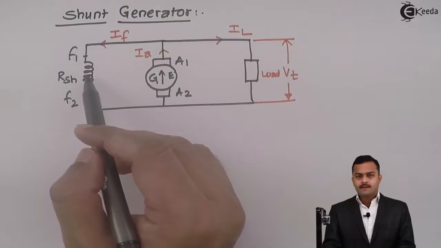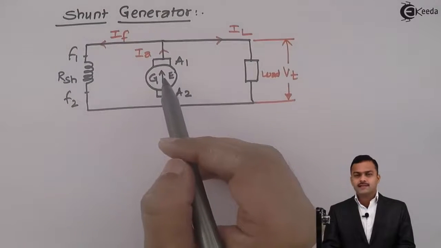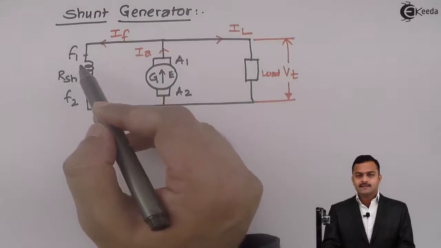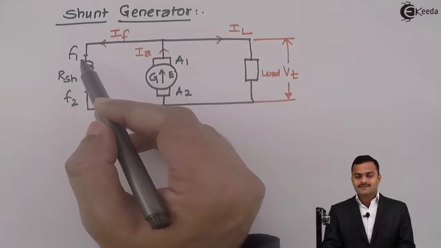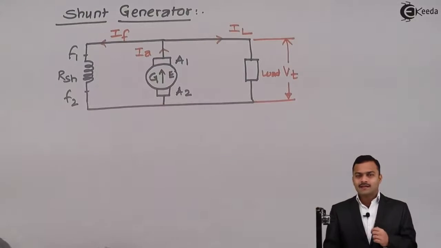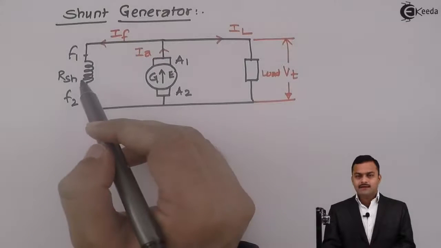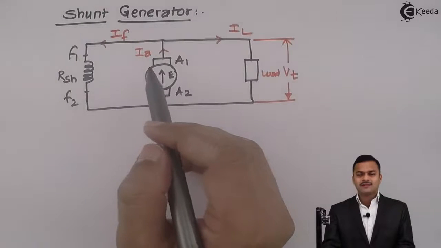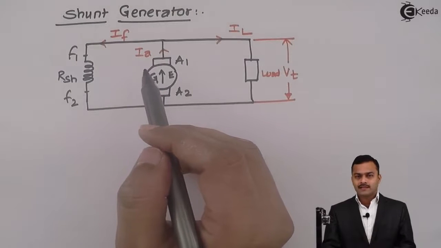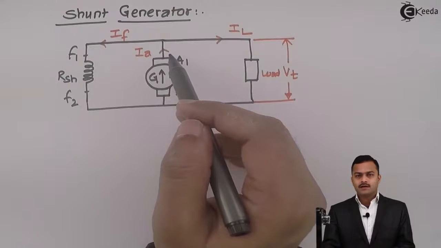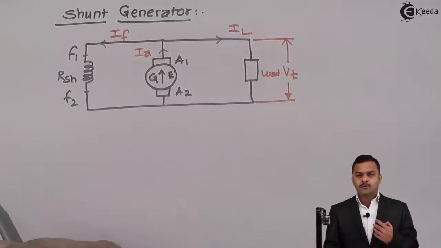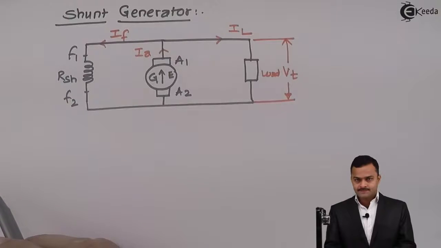We might be thinking, if voltage is not induced, how can this be excited? First of all, the residual magnetic flux will come into play at the initial stage, and once the machine starts rotating, it will develop an EMF which will feed this field winding for production of more flux.